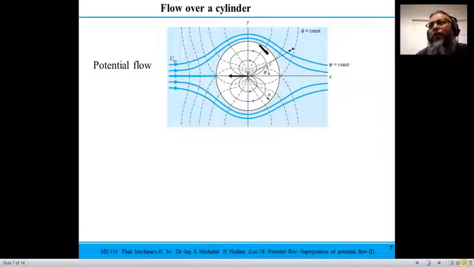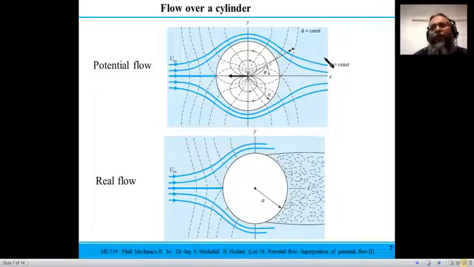So there is no meaning in drawing streamlines within the cylinder, because the streamline at the surface of the cylinder actually acts as a solid body. The fluid is flowing over the surface of the cylinder. So even though it is drawn, there is no meaning here. And r and theta represent any position in the space. You can work out what the velocity would be at r and theta.